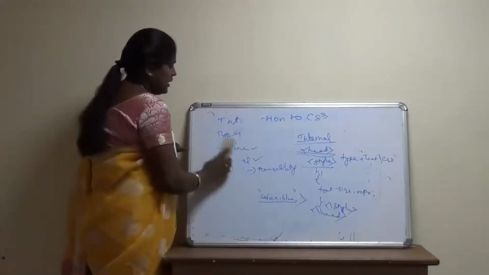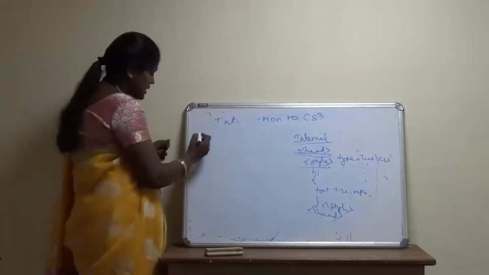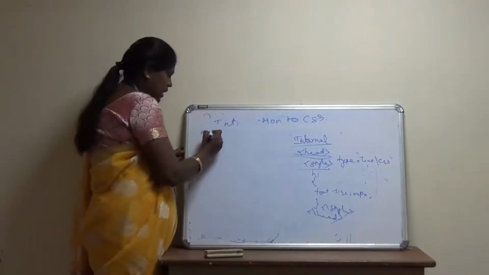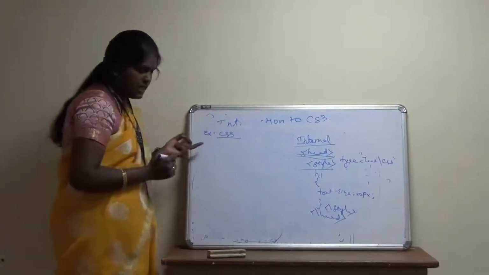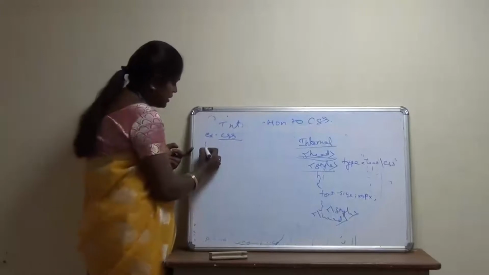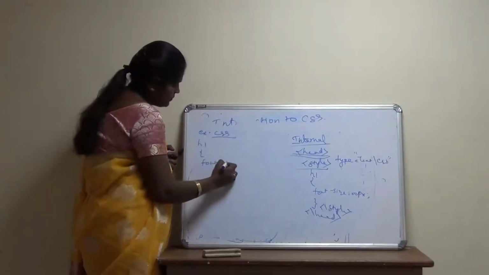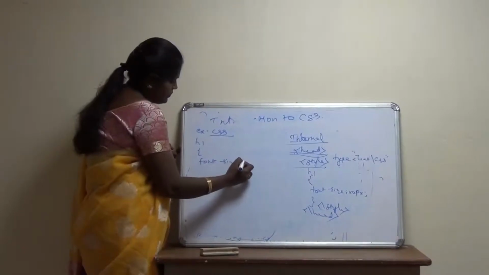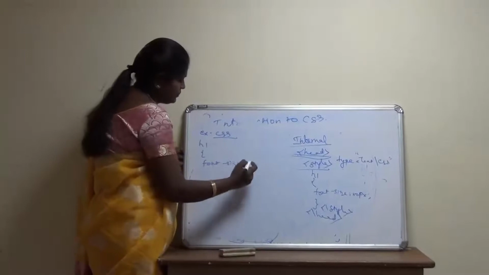The last and important style sheet is external style sheet. So first I have to create my style sheet. I create ex.css. The .css is our extension. First I write my CSS. H1. The font size of H1 is blue. Font size is 10 pixel.